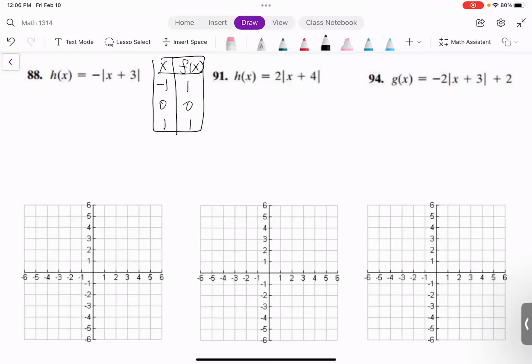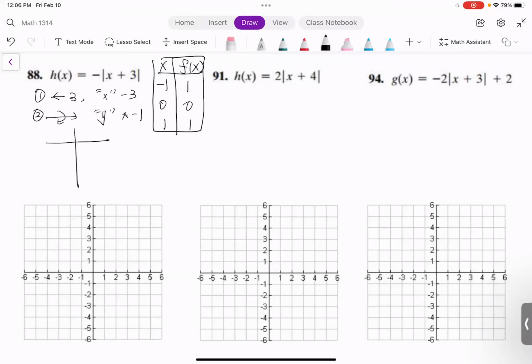The transformation for h of x, first from inside to outside. Inside, x plus 3, moving to the left 3 units. All the x minus 3. And second, outside we have a minus sign. That means we do the reflection about the x-axis. All the y multiplied by -1.